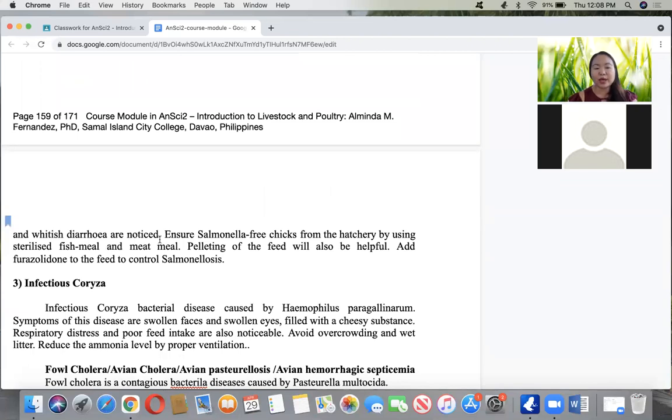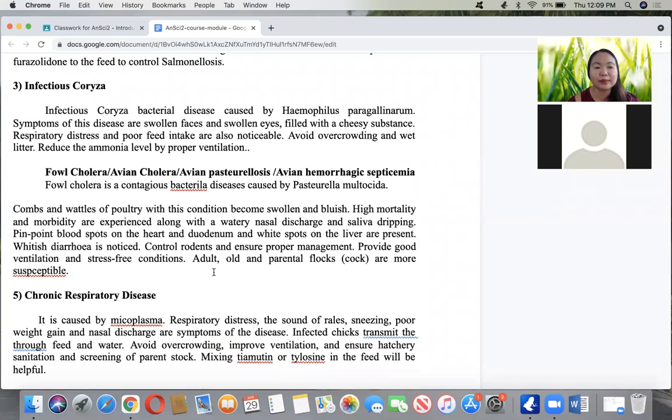And ensure salmonella-free chicks from the hatchery, using sterilized fish meal and meat meal in their feed. Pelleting of the feed will also be helpful, and you can add furazolidone to the feed to control salmonella. It's also very common.